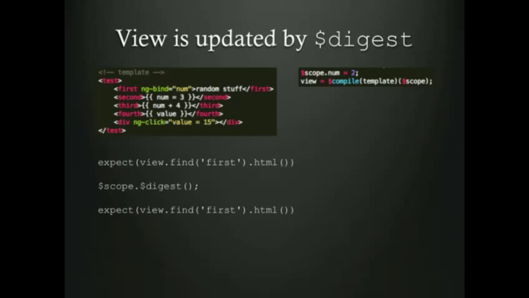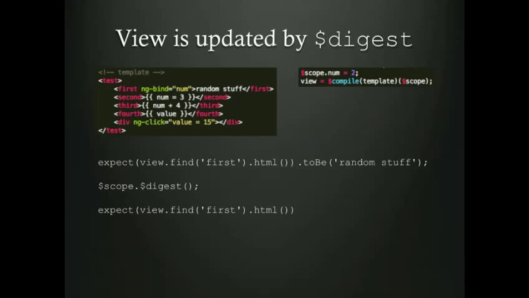So in this case, if I were to take this template, over there I'm compiling it, I'm attaching 1 item to the scope, I'm compiling the template, which binds the scope and the template together. If I were to do, let's see, the first element, grab the contents of this ng-bind equals num, that is going to be random stuff.